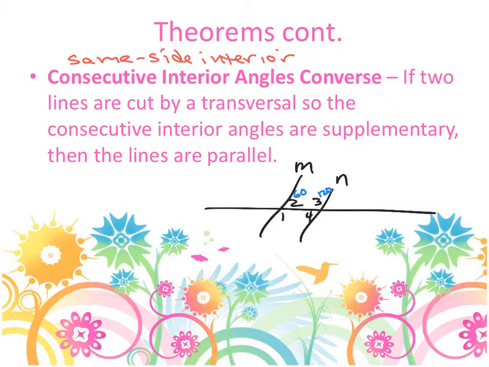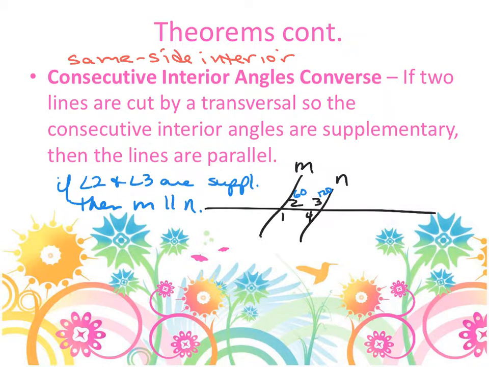Because I could show that angle 2 and 3 together, when I add them, equal 180, I could show that these are supplements. So I could say if angle 2 and angle 3 are supplements, then line M is parallel to line N. So I would need to show that they're supplements, not that they're congruent, to use the consecutive interior angles converse.